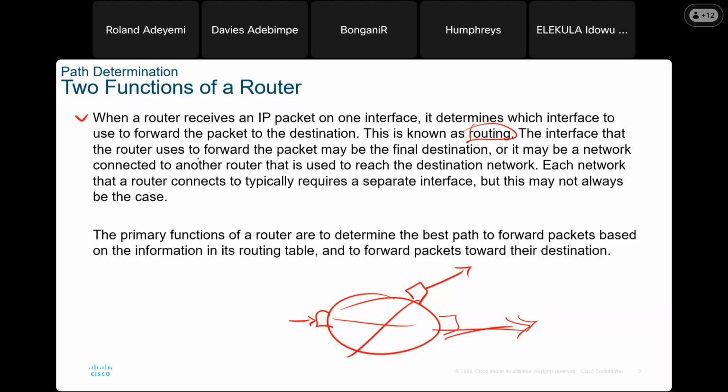The interface that the router uses to forward the packet may be the final destination. That is, if you have a switch here now, that probably is going to be the final destination. But why did they put "may be" the final destination? Sometimes the owner of the message is not on a switch, it's on another segment somewhere.